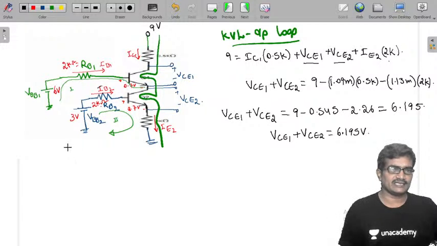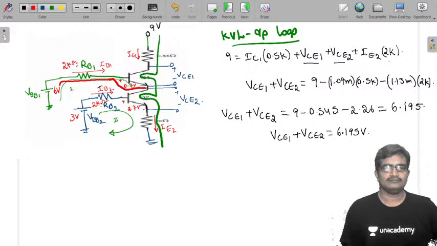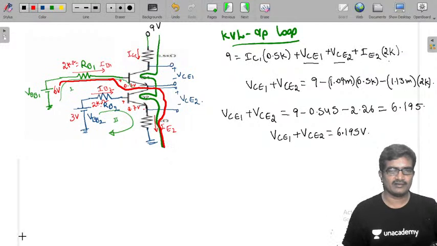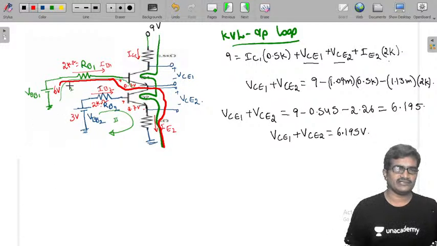So for that I am going to choose another loop. See, this is the loop I am going to be choosing, following this. Okay, now this I am taking as loop 1.